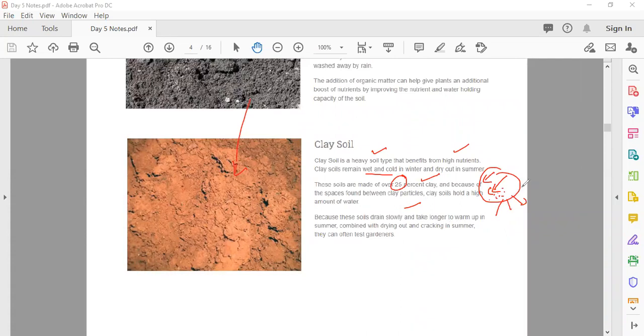Because if the sun wants to heat this soil, it will take longer time because there is a lot of water inside. As compared to sandy soil, there is less water, more sand, so you will find that they will warm very quickly. So this is the main difference between them.